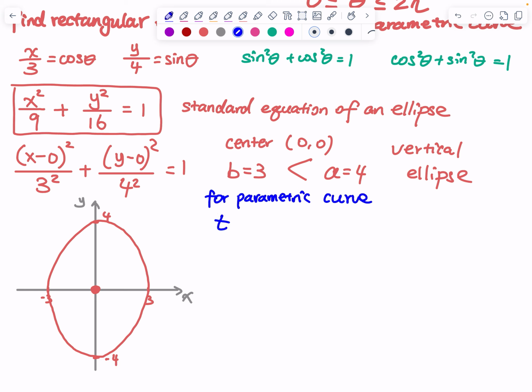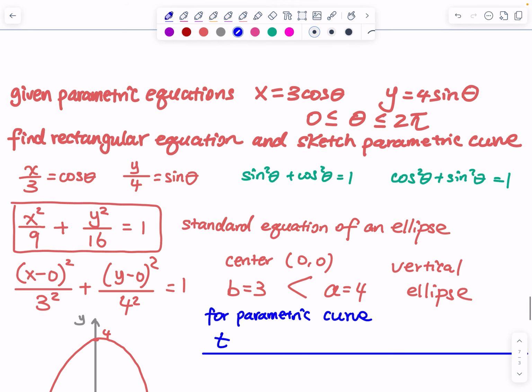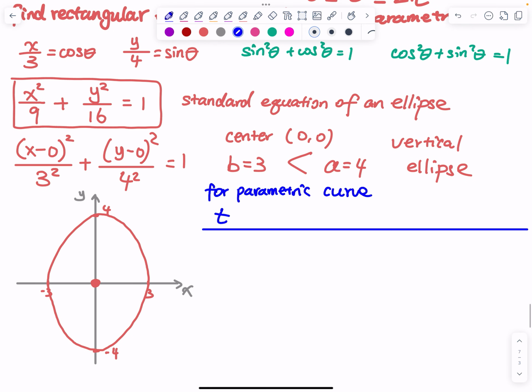I have t, and let's select some values from 0 to 2 pi. How about I will just do 0? You can do pi over 3 and pi over 6, but to save some time, I will just do pi over 4, and then I will go to pi over 2. So that is the first quadrant.